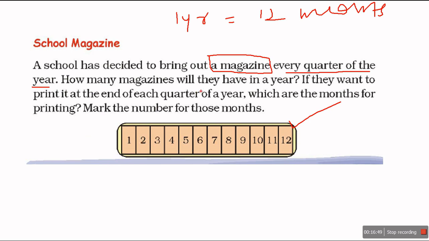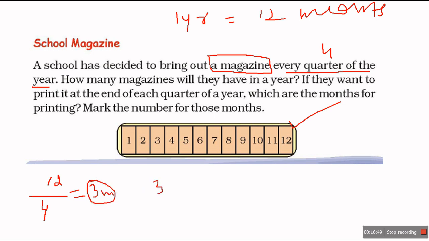How many magazines will they bring in a year? So 12 months, quarter means divide by 4. Quarter means simply divide by 4. Because 1 year has 12 months, 12 divided by 4 is 3. Means 3 months has 1 quarter.